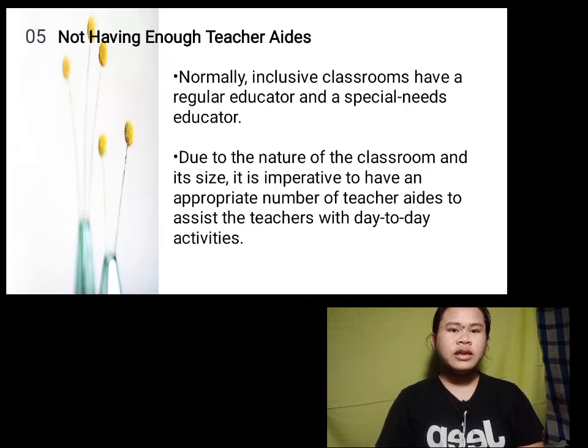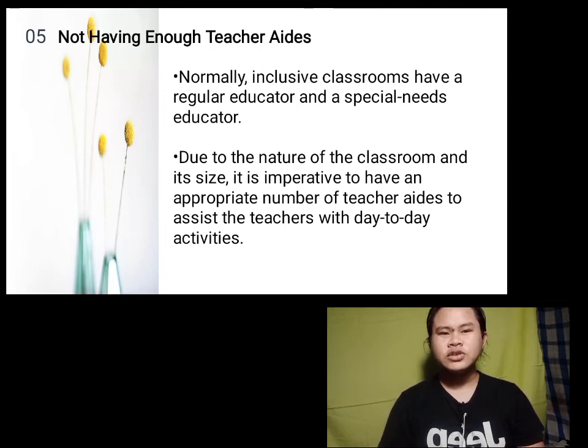We all know that students with special needs are sometimes aggressive at any time. Teacher aides are classroom support staff for teachers. Some of them work in a computer lab, but in the inclusive classroom, they help the teacher to cater to the students with special needs.